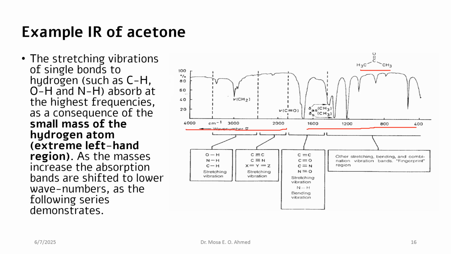And as appears, the carbonyl group occurs in the region above 1600 wave number, while the CH group occurs in the region below 1600 wave number.